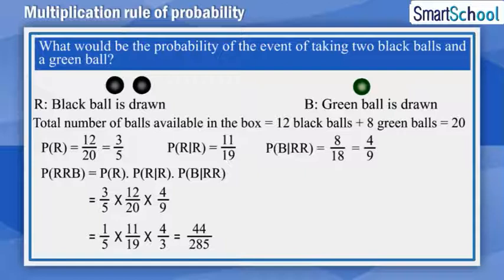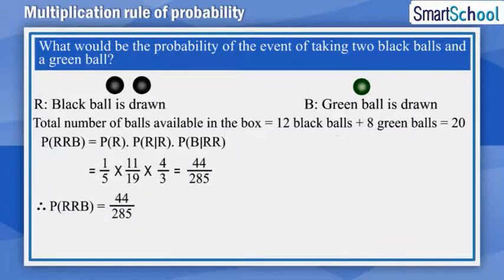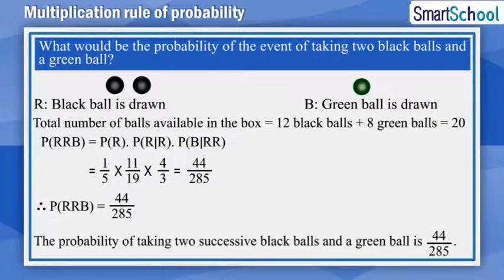On simplifying, we get 44 divided by 285. Therefore, the probability of RRB is equal to 44 divided by 285. Hence, the probability of taking 2 successive black balls and a green ball is equal to 44 divided by 285.